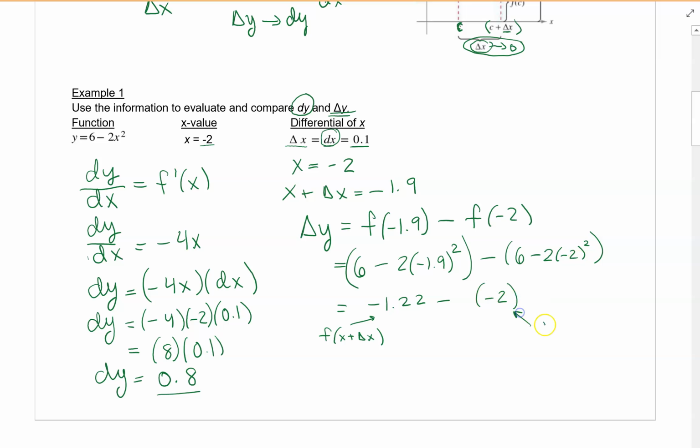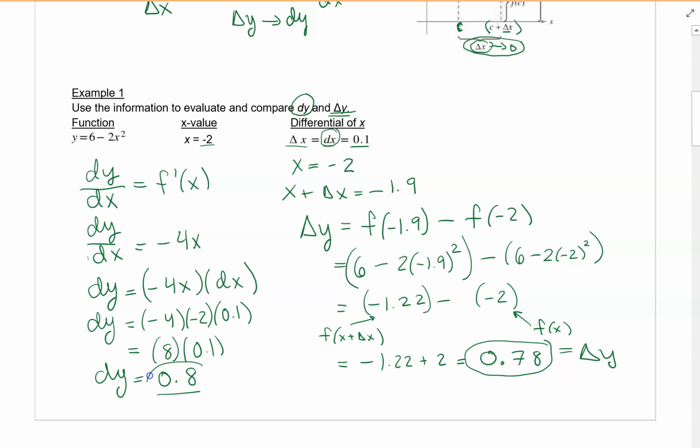This is my f of c, or my f of x. Subtracting them will help me find the change in y. So I basically get negative 1.22 plus 2, which is positive 0.78. So my y value actually went up 0.78. This is the actual change in y, my delta y between f of x plus delta x and f of x.